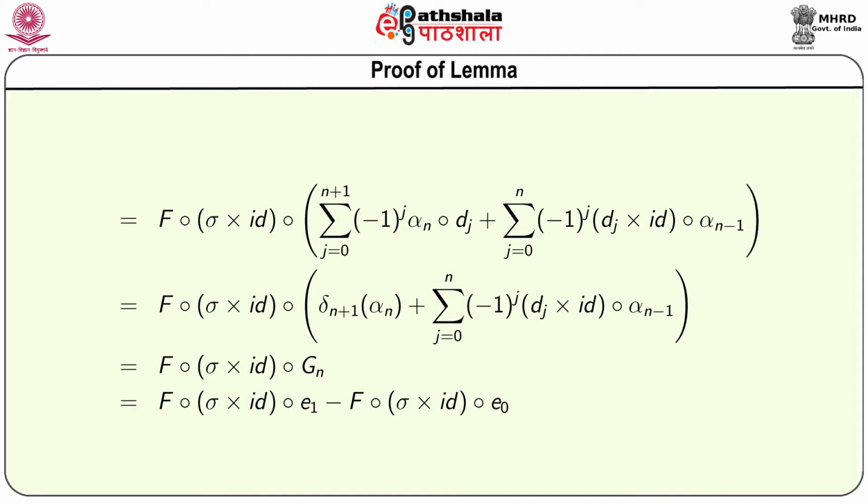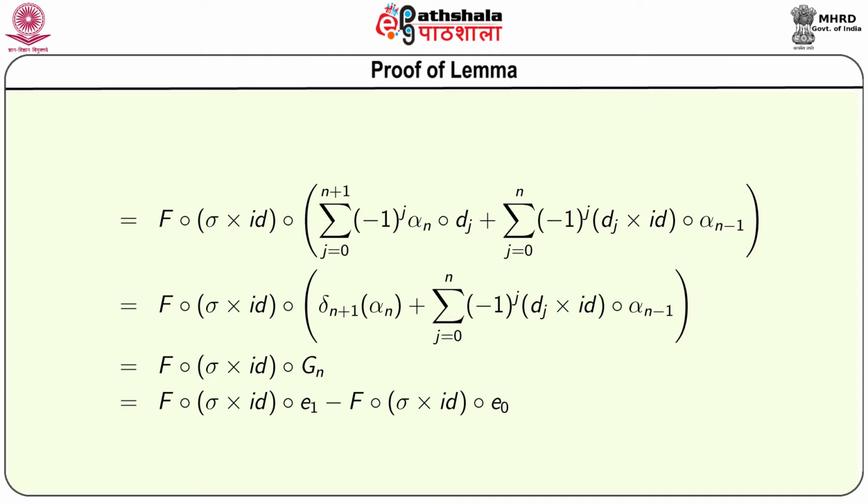and that is equal to F composed sigma times identity composed summation minus 1 to the power of j alpha n composed dj plus summation minus 1 to the power of j dj times identity composed alpha n minus 1.